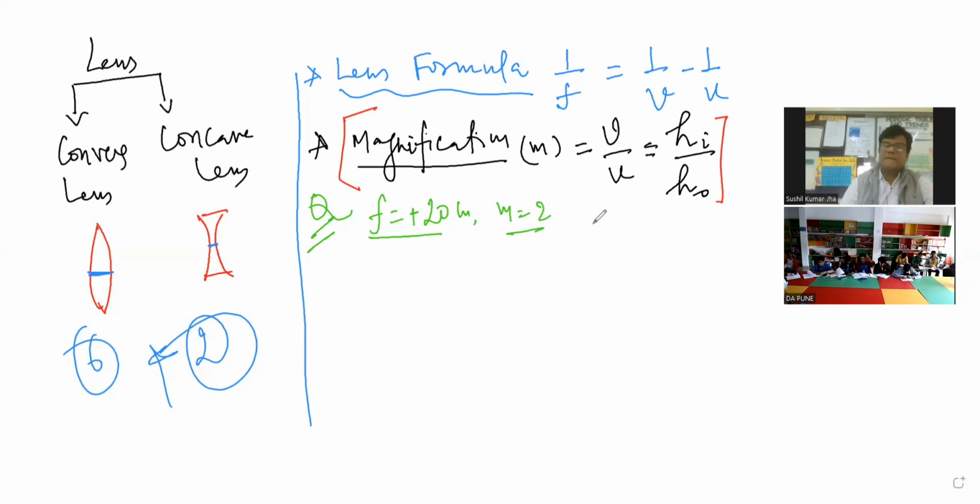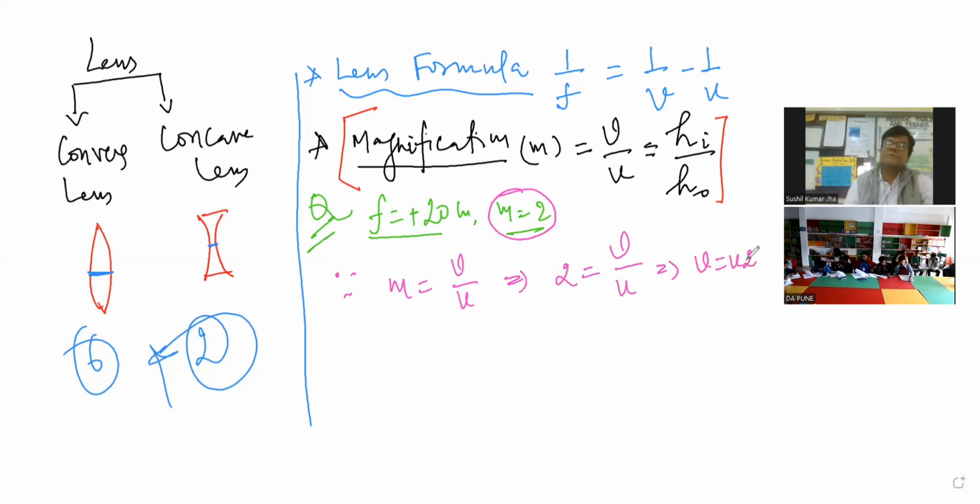Okay, so all of you cross check it. Since magnification is given, we'll be using the formula for magnification, which is m is equal to v by u, which means 2 is equal to v upon u, which means v is equal to 2u.